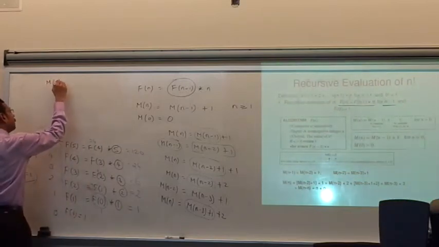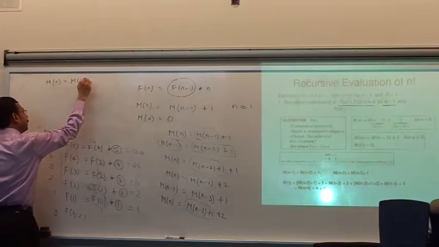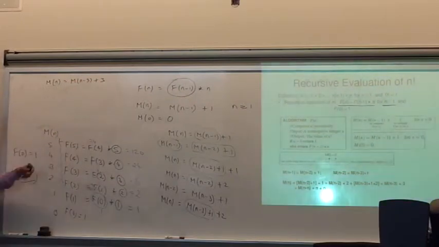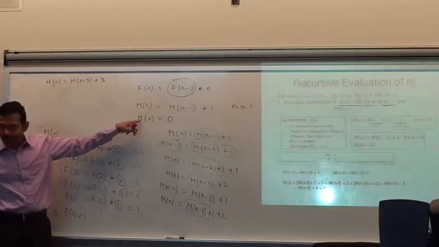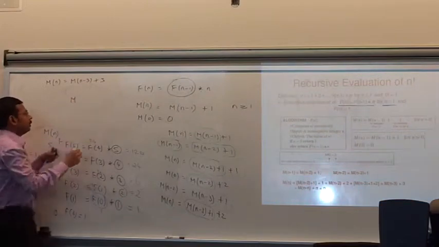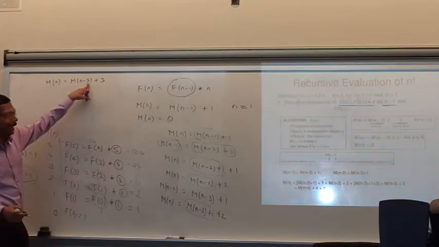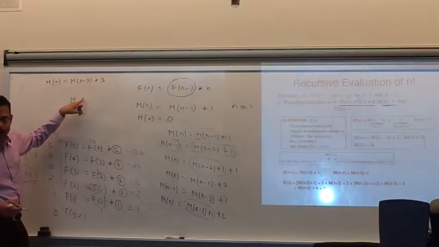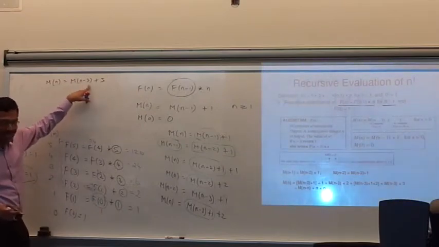So how far can you keep on doing that? M of n minus 3 plus 3. You can keep on doing that until you have M of 0, the basic condition. So for what value, if I substitute here, will I get 0 in this term? It will go all the way to n, M of n minus n.